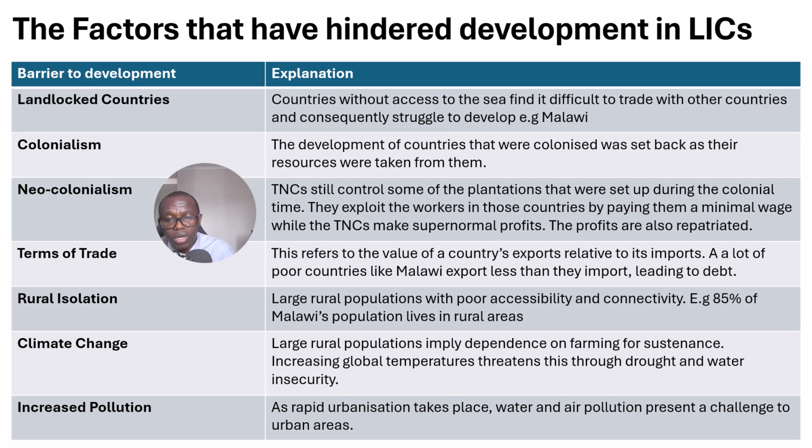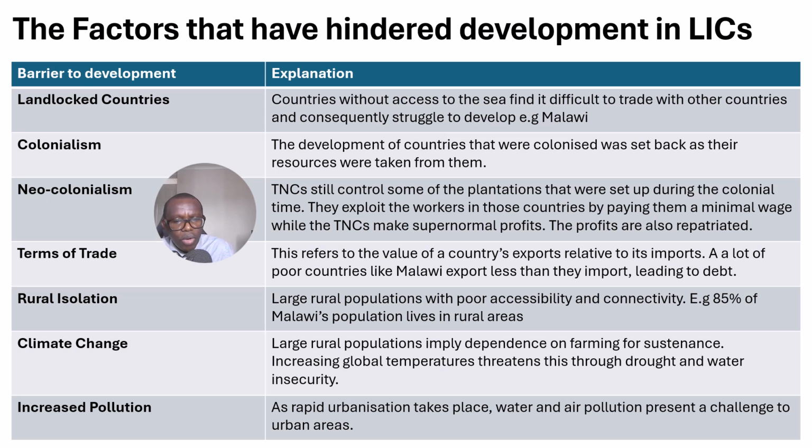And therefore, the people that work in those plantations are exploited by the TNCs and are obviously not getting fair remuneration or pay. That means that in terms of economic development, the country will struggle because its citizens are not paid fairly.